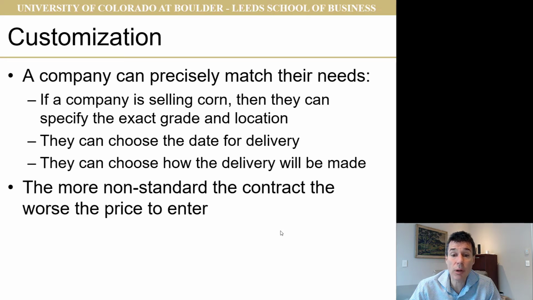But of course, the more non-standard the contract, the worse the price will be to enter. So if you're selling corn, the more things you attach to that corn, to this contract, the lower the price you're going to receive. And you can imagine, this makes sense, right?